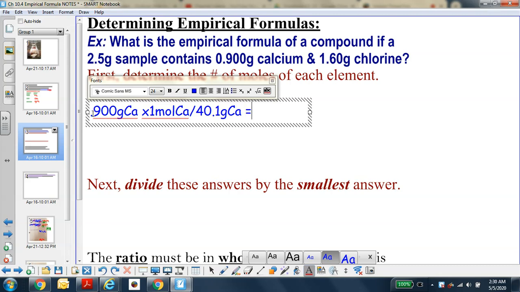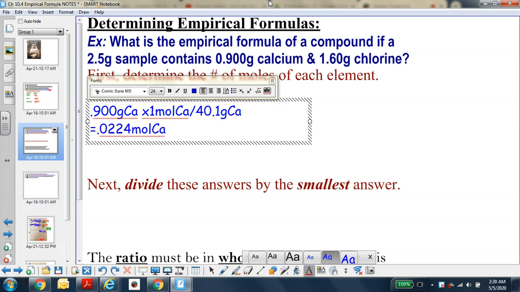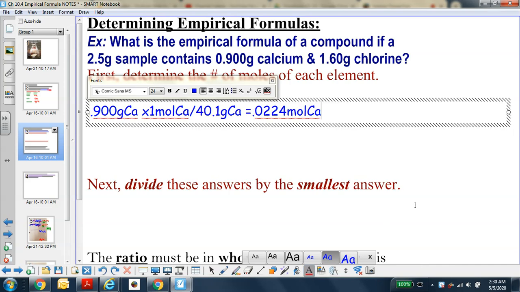So 0.900 times 1 divided by 40.1 grams gives us 0.0224 moles of calcium. And I want to keep 3 significant digits. Remember, this 0 is just a placeholder.